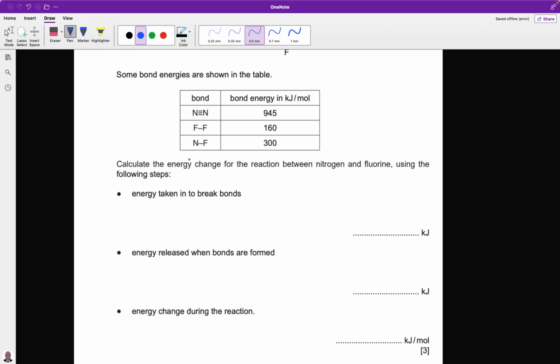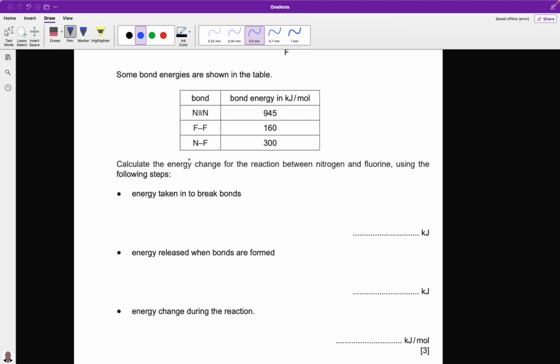In bond breaking, energy is absorbed, and it is always endothermic, and it has a positive value. In bond making or bond formation, energy is released. It has a negative value, and it is exothermic. Let's get started with this.